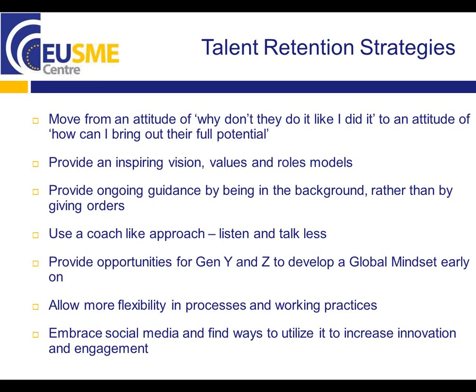So looking at blended packages, and again also flexibility, can go a very long way for young families with children, if they're able to somehow manage the cost of childcare more effectively as well. It can make a difference. But really understanding which population you are trying to attract, depending on which roles you're trying to fill, is important, because the needs are not necessarily the same across all of Generation Y and Z.